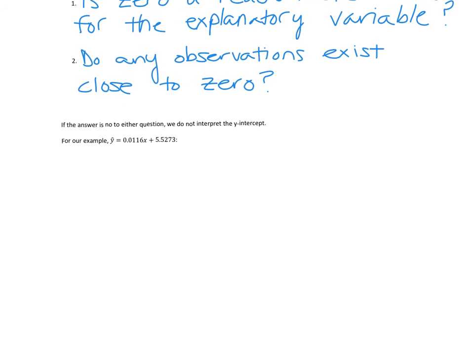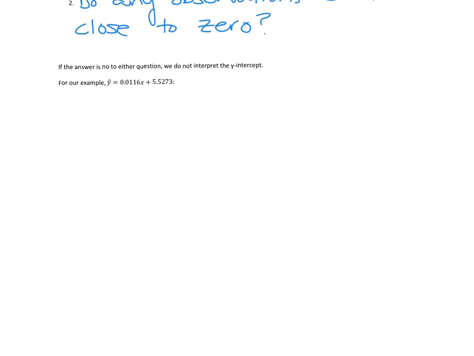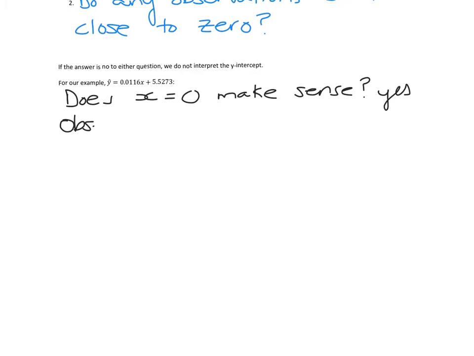Okay, so this is our example. If we want to interpret the y-intercept, we'd ask ourselves, does x equals 0 make sense? So that's a drilling depth of 0 feet. Can we have a drilling depth of 0 feet? Well, yeah, it just means we're starting to drill on the surface. So it makes sense. Let's continue. Do we have observations relatively close to 0?